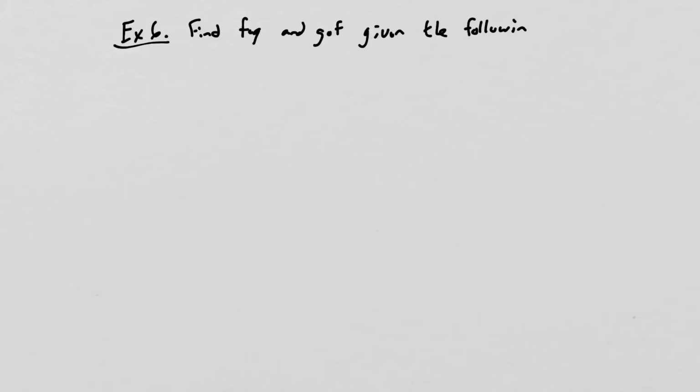Example 6. Let's go ahead and find f of g and g of f of x given the following functions. f of x in this case is 3 to the x, and g of x is going to be equal to x squared plus 1.